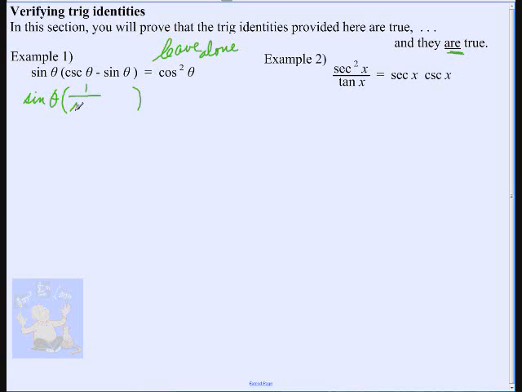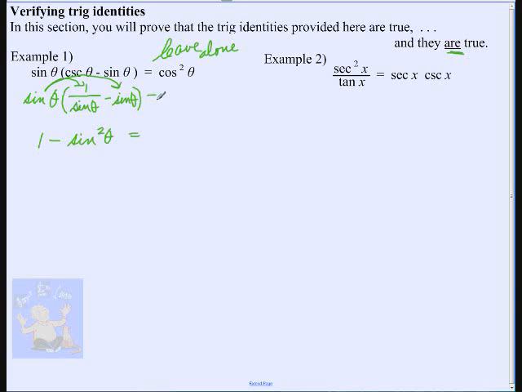Cosecant is 1 over sine theta, minus, we're not going to do anything to this. So we've got everything in terms of sine theta now. So I'm going to distribute sine. I'll have sine over sine, which is 1, and sine times sine, so I've got minus sine theta squared.